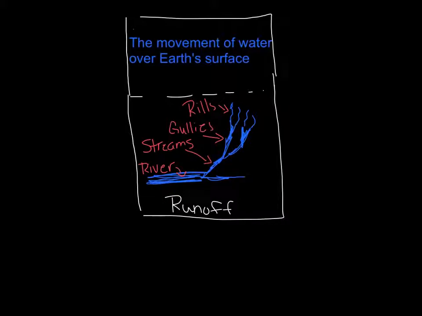And that's runoff. So then we're going to open up the next flap, which is on use of the land and the amount, which is going to be on the amount of runoff. So open up your next flap.